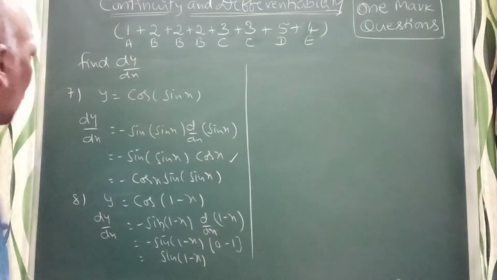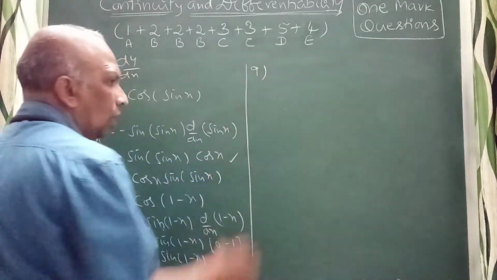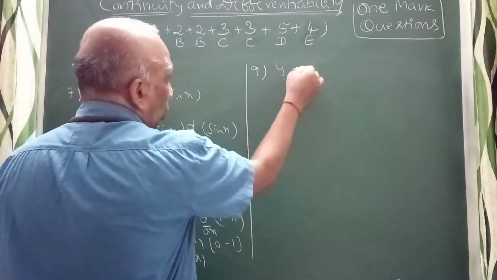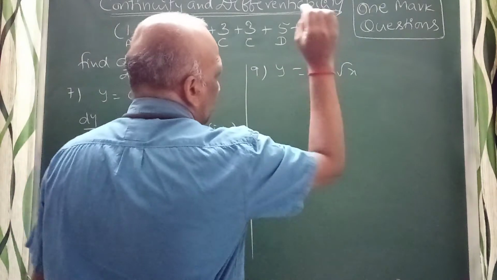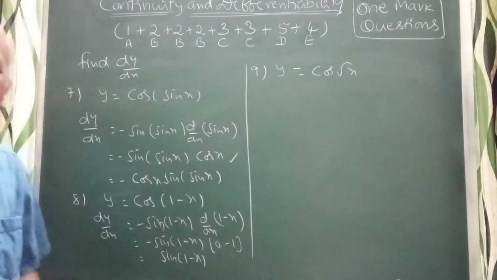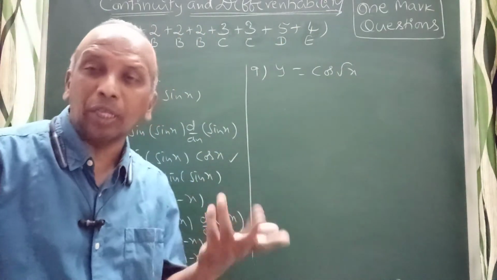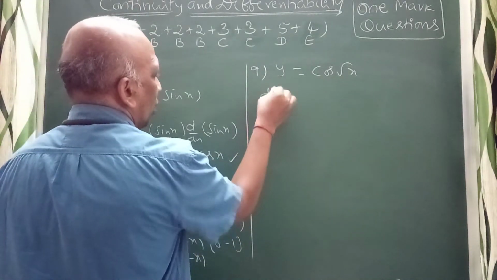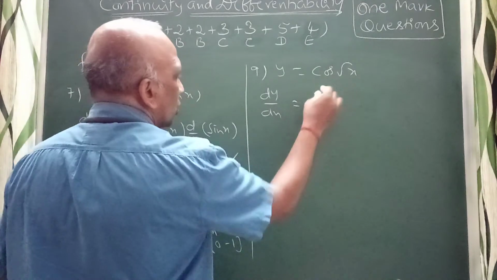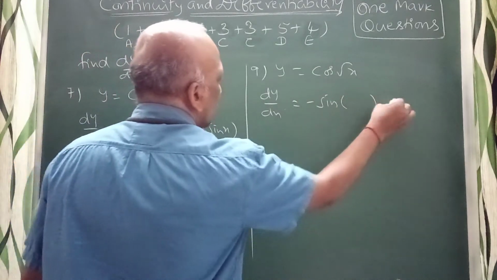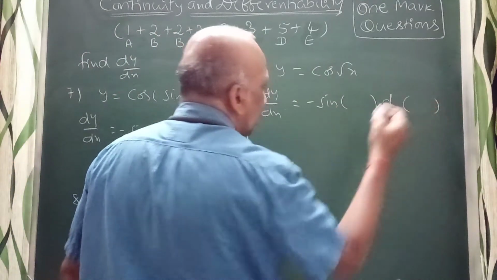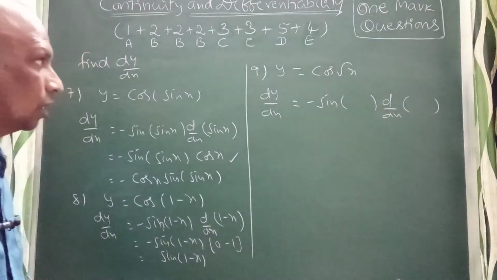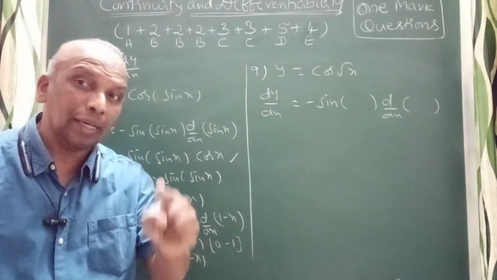Now, coming to another one, the ninth one. Suppose they give y is equal to cos of root x. How to find the derivative of that? Think about it, same concept. When I take dy by dx, derivative of cos of something is minus sin of something, d by dx of something, because we know derivative of cos x is minus sin x.